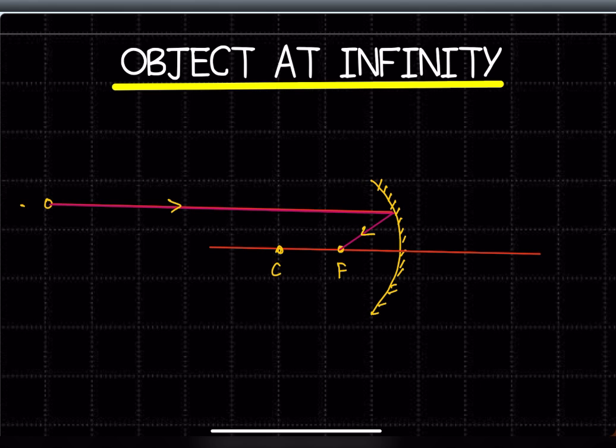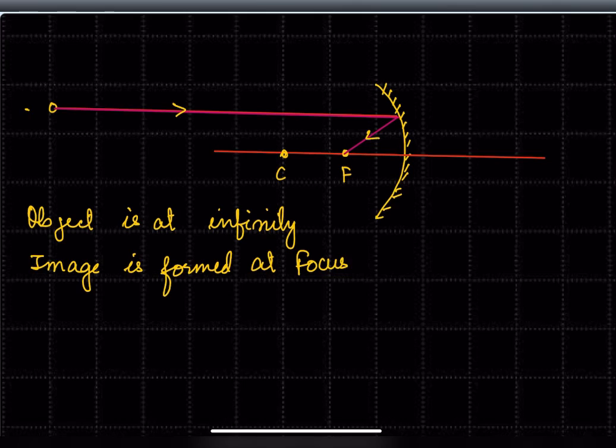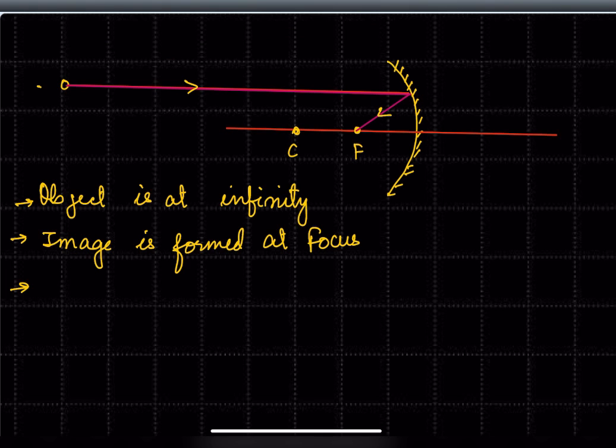So what we can conclude is, when the object is at infinity, the image is formed at the focus. Okay, object at infinity, image formed at focus.